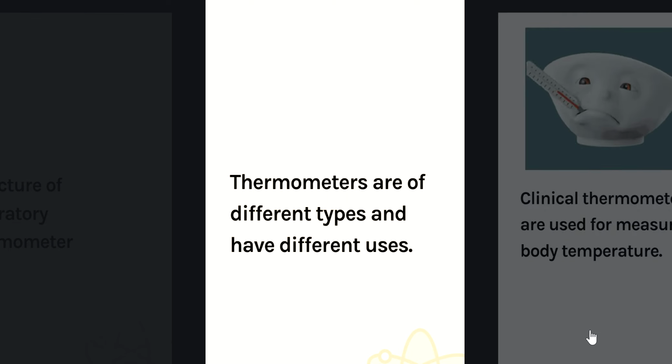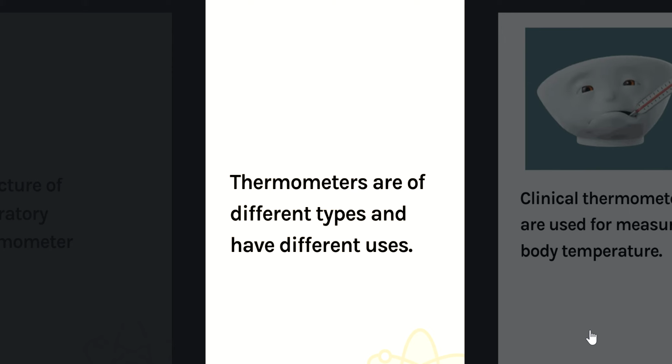The first star point says that thermometers are of different types and have different uses. So the mercury thermometer is used for clinical purposes, and the alcohol thermometer is used in the laboratory.